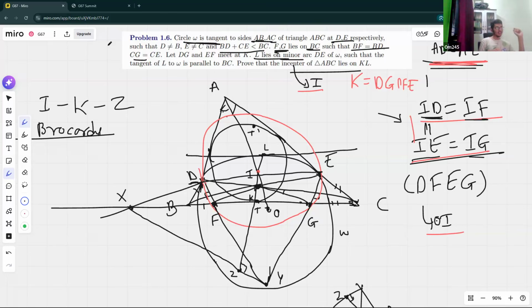Also, there's how I thought of this problem, right? First this diagonal thing, then the idea comes that these two lengths are equal, which basically means the lengths are equal from B, which implies it has to be a reflection about BI. So that's why I get ID equal to IF, and similarly IF equal to IG, and ID equal to IG.